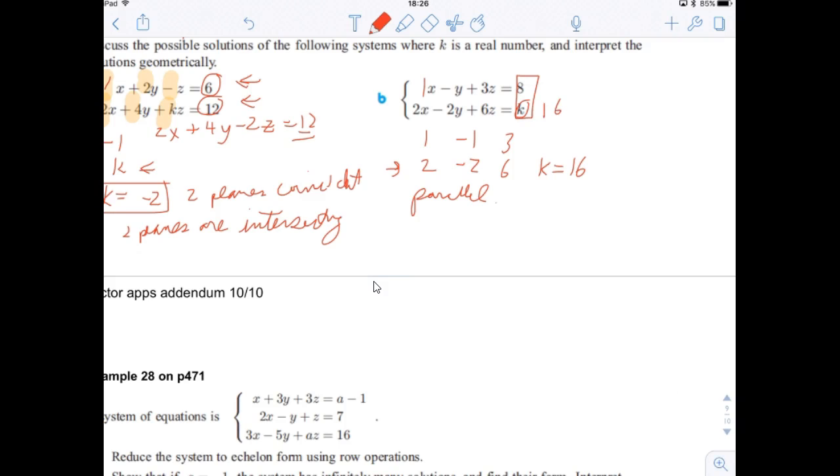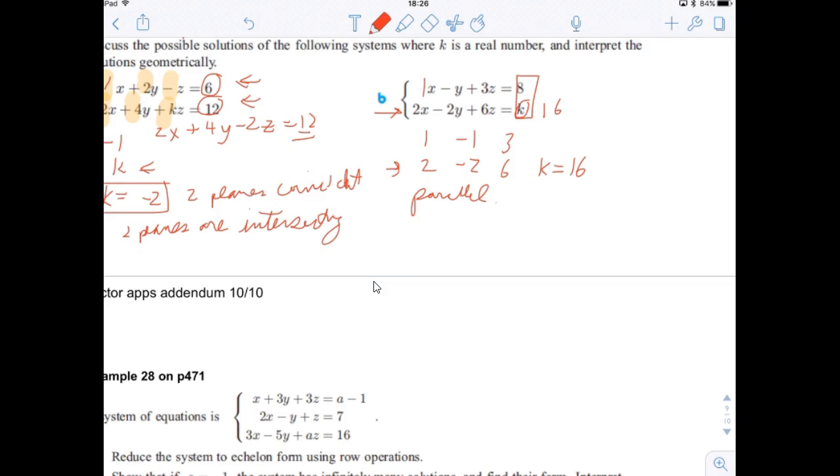Every single element of B, including the coefficients and the right-hand side number, is different by a factor of 2. That means it's the exact same plane, because all I need to do to change the first equation to the second equation is multiply the first equation by 2.